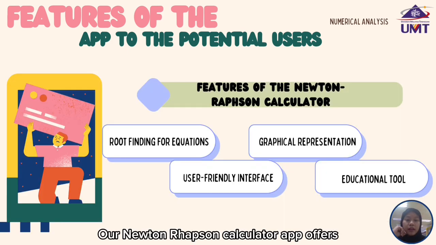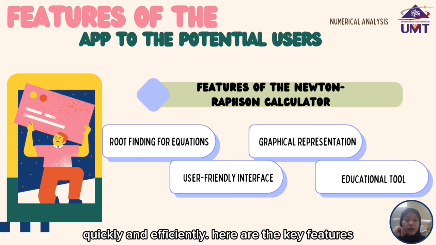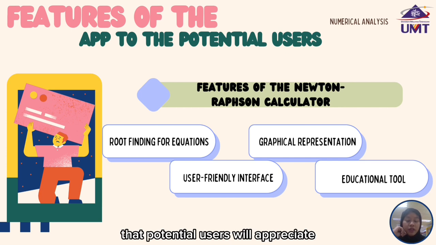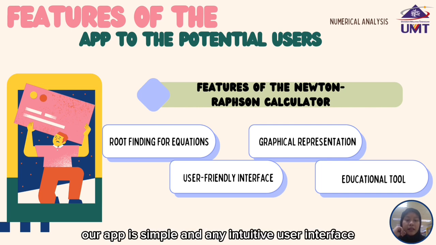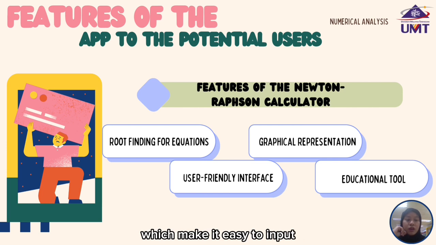Our Newton-Raphson calculator app offers several features that make it a valuable tool for users who need to find roots of equations quickly and efficiently. Here are the key features that potential users will appreciate. Firstly, root finding for equations. Our Newton-Raphson calculator efficiently computes roots of nonlinear equations using the Newton-Raphson method. Next, user-friendly interface. Our app has a simple and intuitive user interface, which makes it easy to input functions and initial guesses.